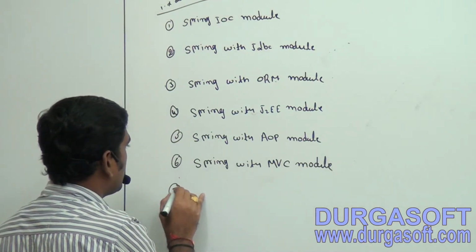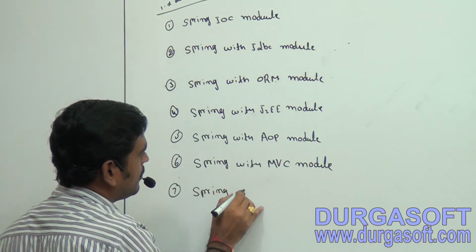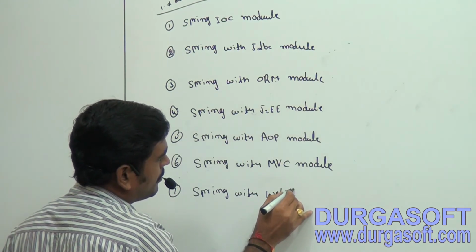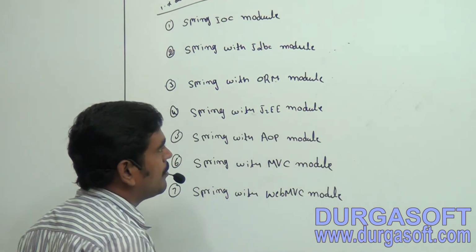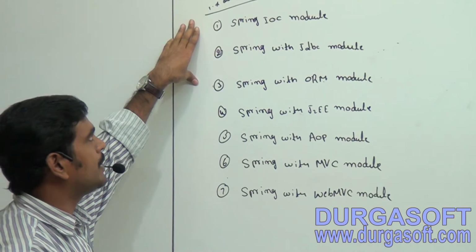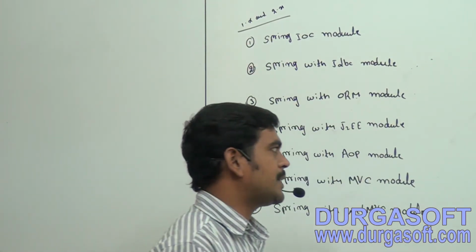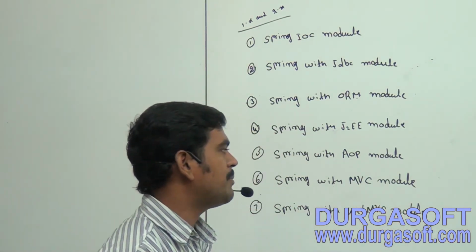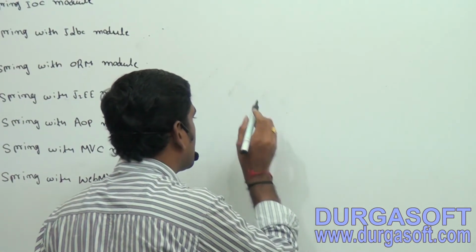Number 7, Spring with WebMVC. A total of 7 modules are given by 1.x and 2.x, and in 3.x and 4.x they are reduced by one module, that is, Spring with MVC and Spring with WebMVC are finally given as a single module called Spring with WebMVC.